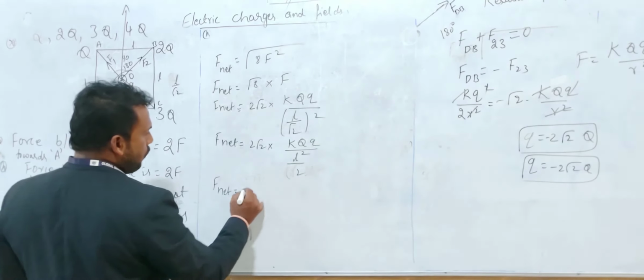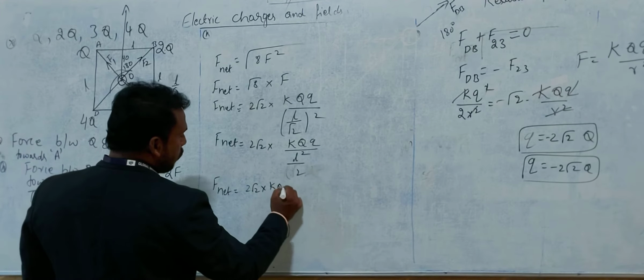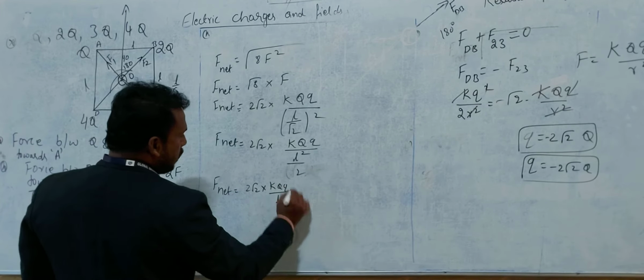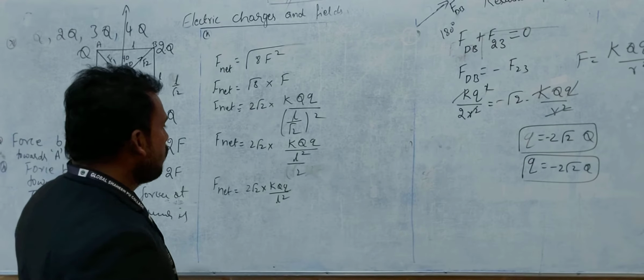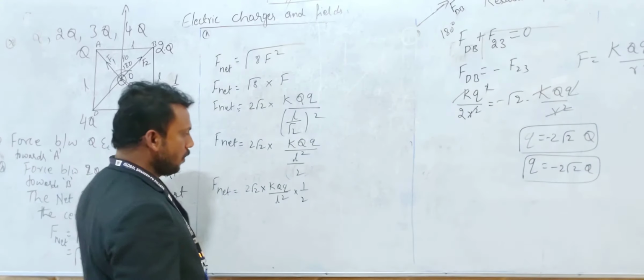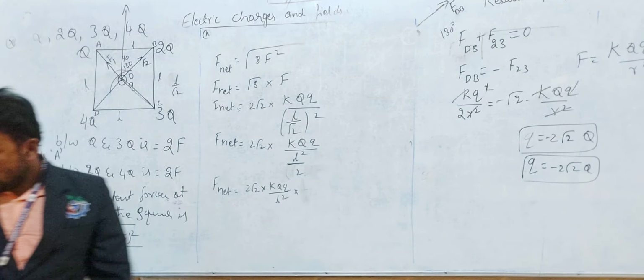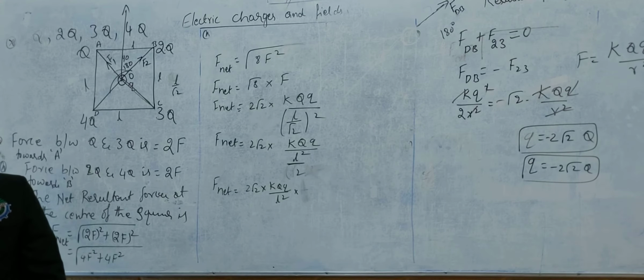F net is equal to 2 root 2 into K capital Q small q divided by L square. And this term becomes 1 divided by 2. This term goes to numerator.